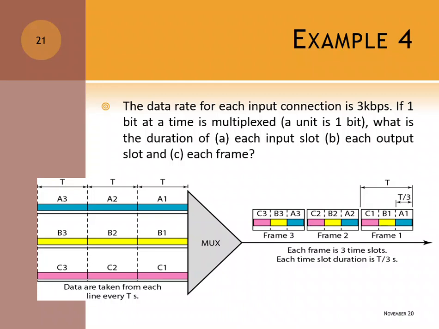Okay, the data rate for each input connection is 3 kbps. If one bit at a time is multiplex, maksudnya satu unit tu satu bit. Okay. What is the duration of each input slot, each output slot, and each frame? Okay.